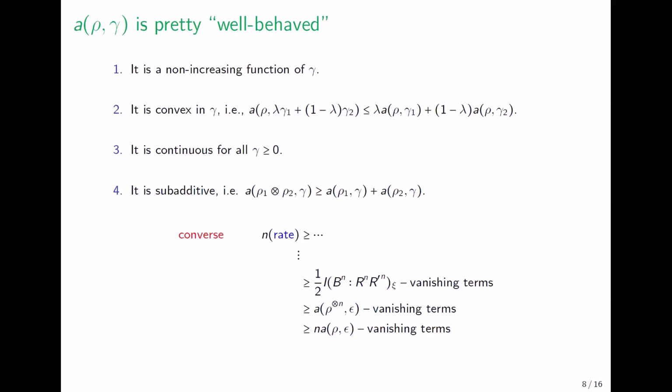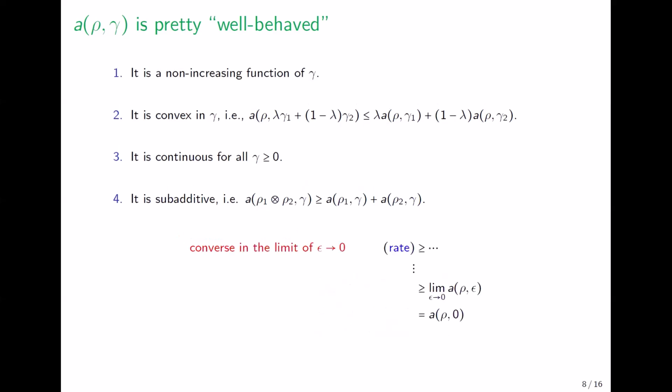For example, when we do the converse analysis, we show that we get this functional as the lower bound together with some vanishing terms, and because we have this superadditivity, we get to singularize the rate, and this is a nice property because then we can analyze the rate.